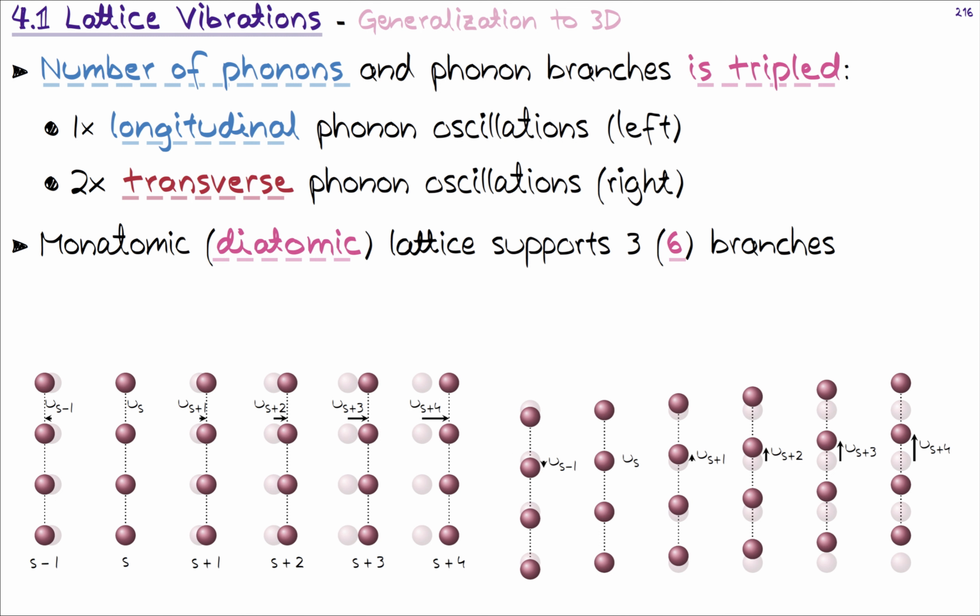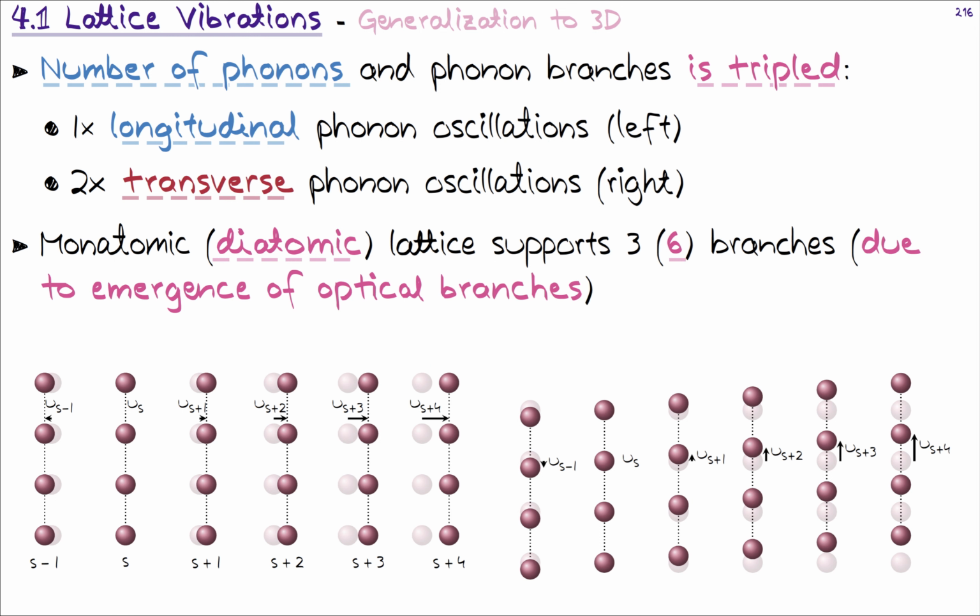The optical branches also emerge, so in fact we now have 6 branches. This is of course due to the fact that we have the optical branches residing now in our dispersion relation graph. So this is what happens. Please take time to appreciate and understand where these numbers come from.